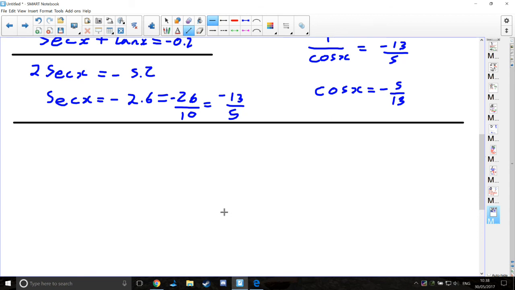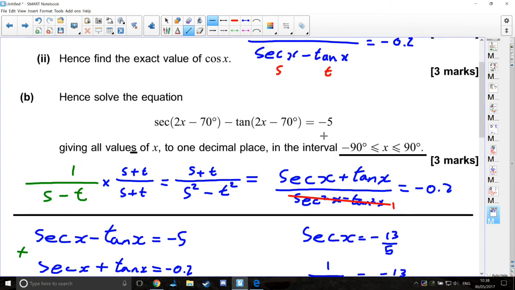Okay, so now that we have this here, we've got this interval as well. This here, I'm going to rewrite as sec theta, where theta is 2x minus 70, minus tan theta is minus 5.